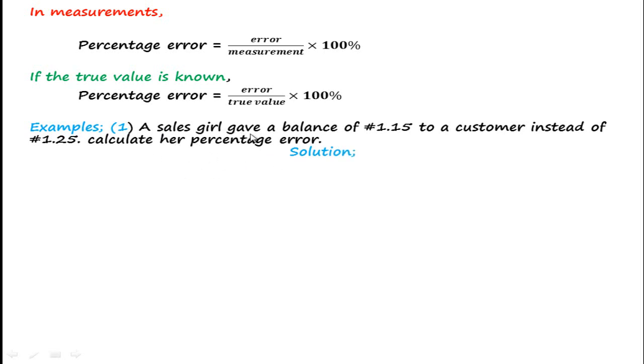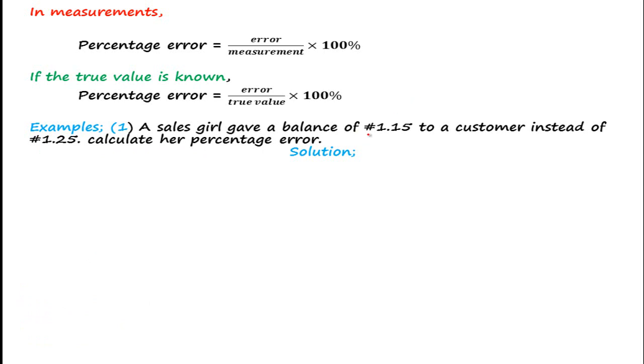Now let's go to this example so that we get the right example. Example 1. It says a trader gave a balance of 1.15 naira to a customer instead of 1.25 naira. Calculate the percentage error. I want you to get it clear, because this one is one of the WAEC questions.